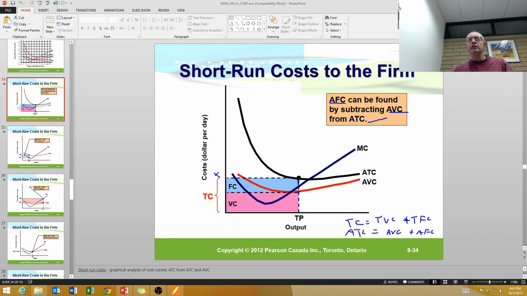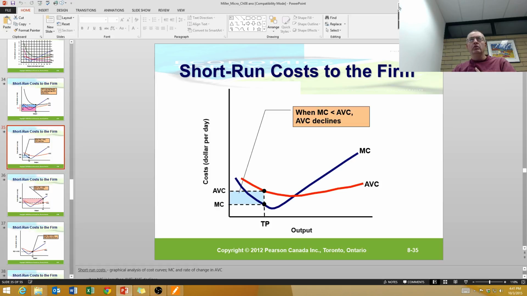Okay, so now we want to look at the behavior, the relationship between the marginal cost curve and the average cost curves, both average variable and average total. Okay, so when I look at these diagrams, I just have this little saying.